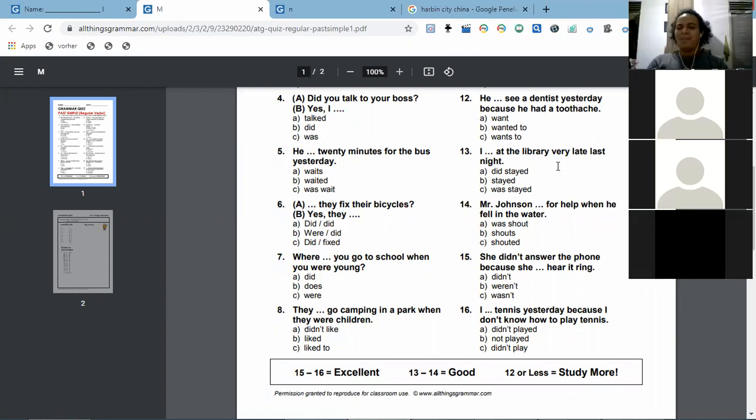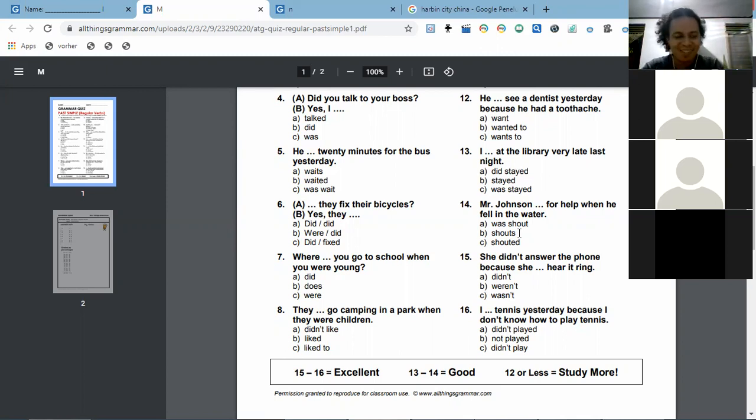Can anyone help Putri with number 14? Okay. Shouts. Why do you choose shouts? Why shouts? That is just my feelings because I don't know if the sentence is present or past.